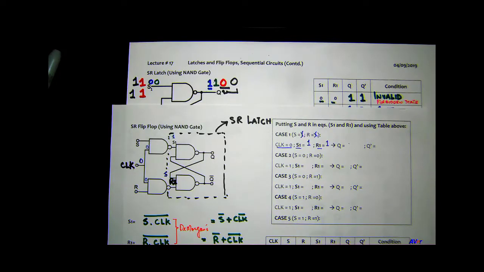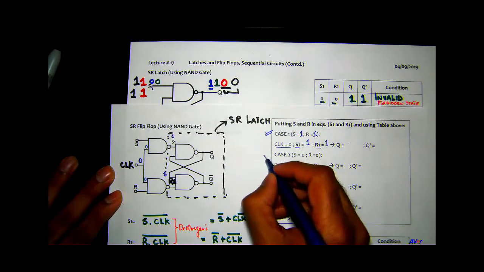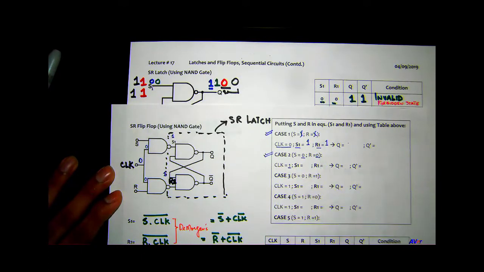Memory, no change. This is our first case. Okay, let's move on to our second case, which is right here. When clock is high, S is 0, R is 0.